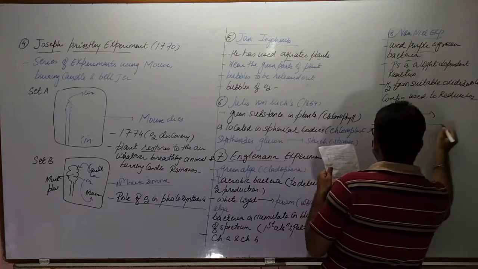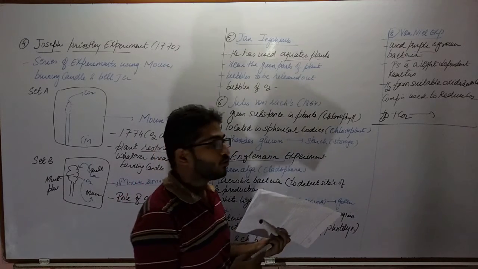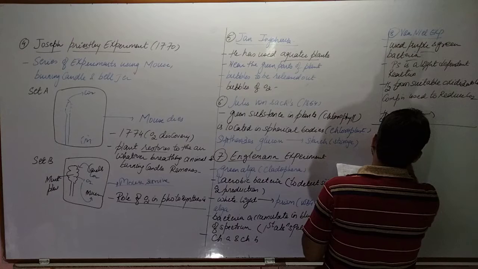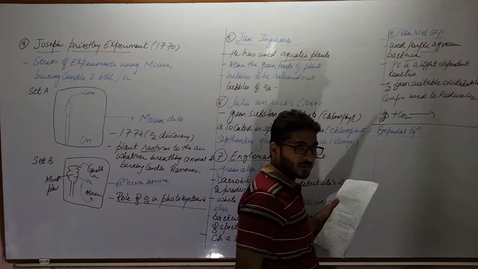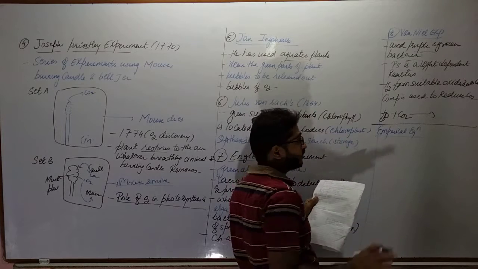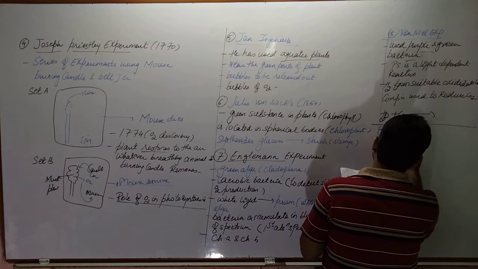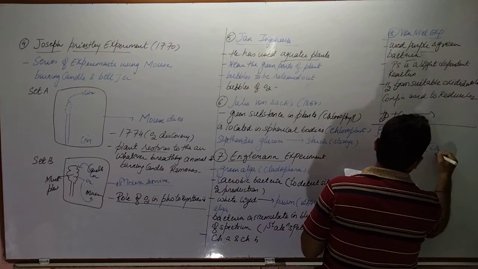So after all these experiments, one reaction was proposed, a kind of empirical equation regarding photosynthesis: CO2 plus H2O in the presence of light produces CH2O.